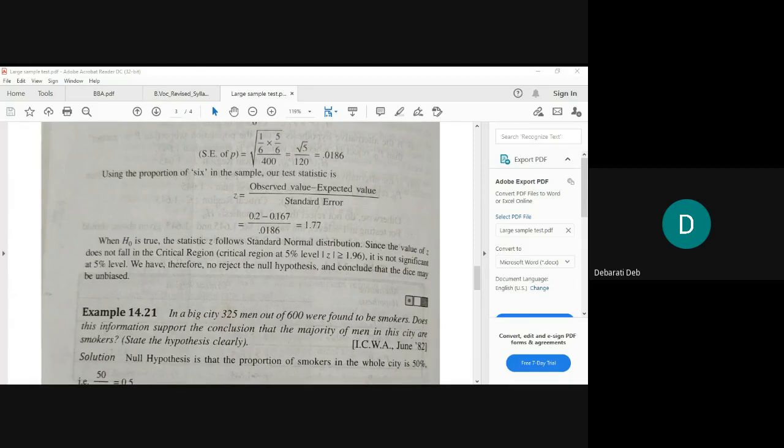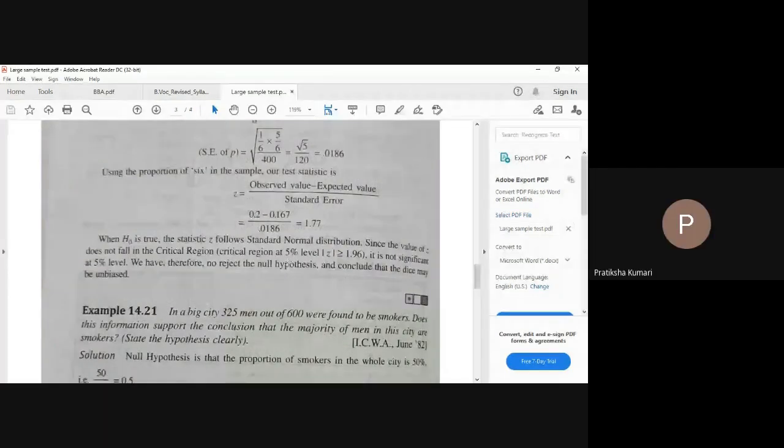Pratiksha, have you completed? Yes, ma'am. Okay, tell me what you have written.